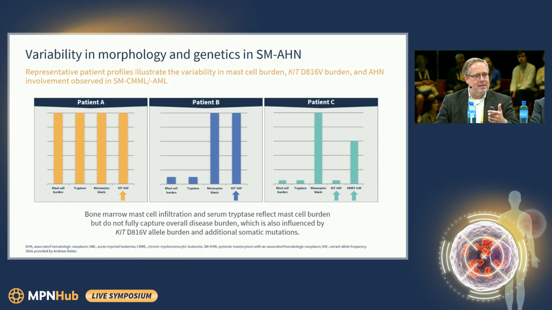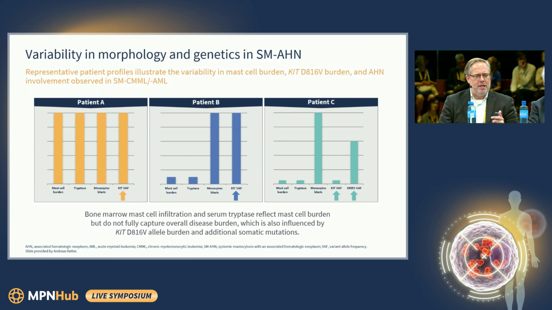And the most dramatic disease in this scenario is, of course, AML. So you may have an SM-AML with only 5% mast cell infiltration, but 80% blasts, of course. And on the right side now, we have the scenario with the additional somatic mutations. So very similar to patient B, but now the KIT allele burden is low.